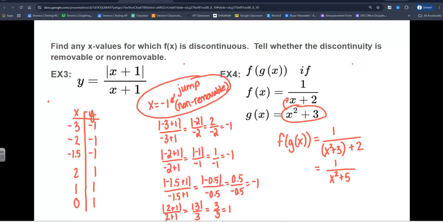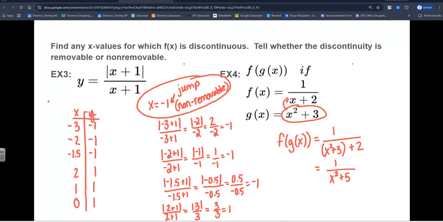I've got a denominator, right? Like we plug any numbers in, right? When I square this, what kind of number do I get?